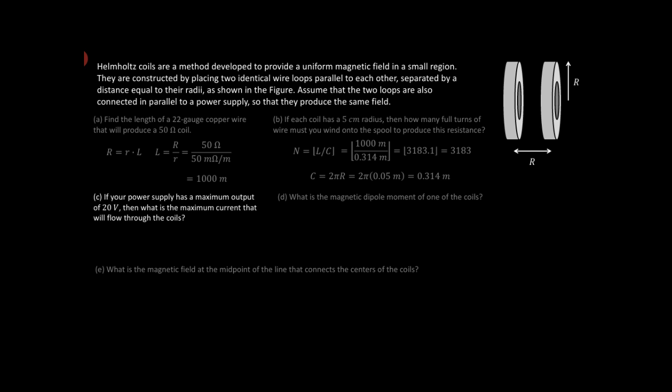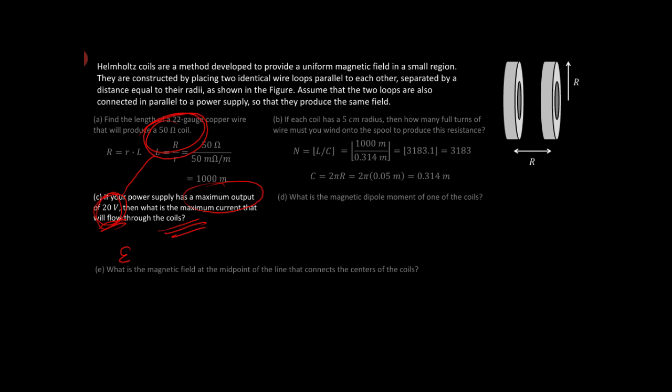Now we need to figure out how much current we get from the maximum output of 20 volts. The reason we did this impedance matching to get this to 50 ohms is so it'll match our power supply, so we can get the full 20 volts out without losing any current.